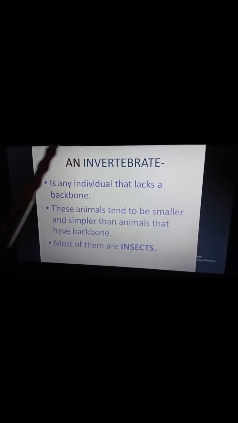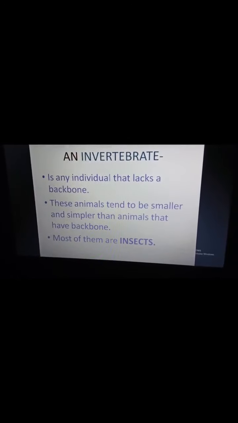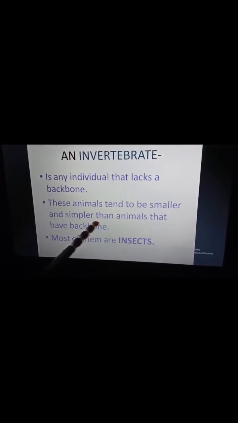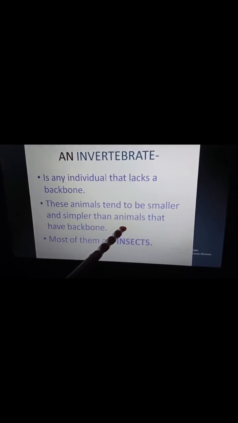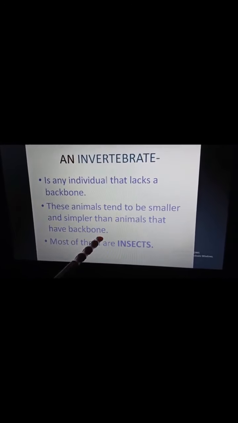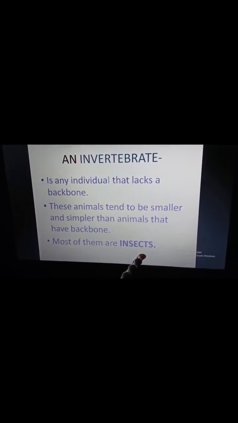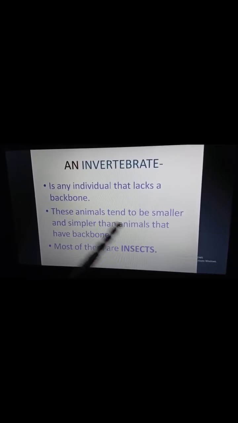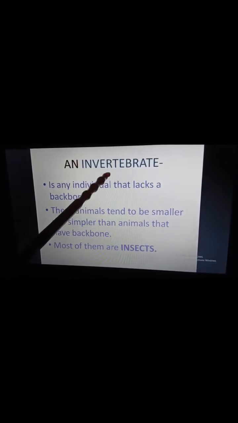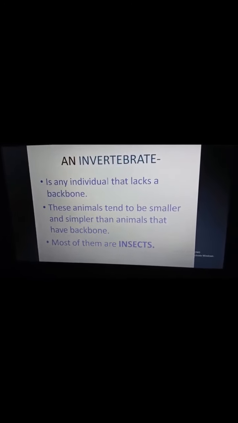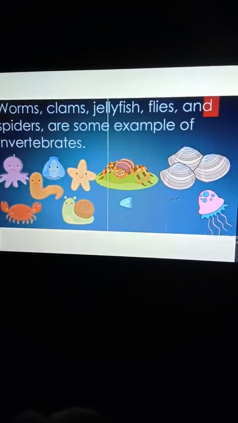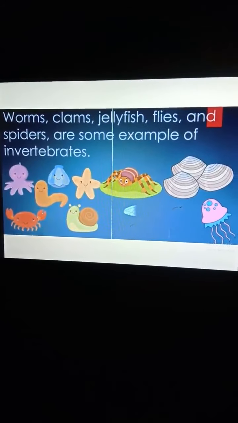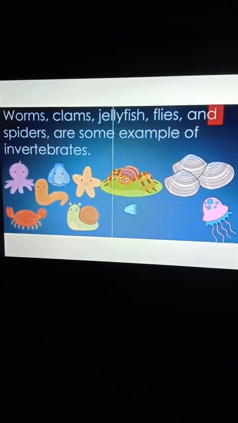Second, these animals tend to be smaller and simpler than vertebrates, or than animals that have a backbone. Most of them are insects. So you can gather your example from here, that all or most of the insects are invertebrates. Worms, clams, jellyfish, flies and spiders are some common examples of invertebrates.